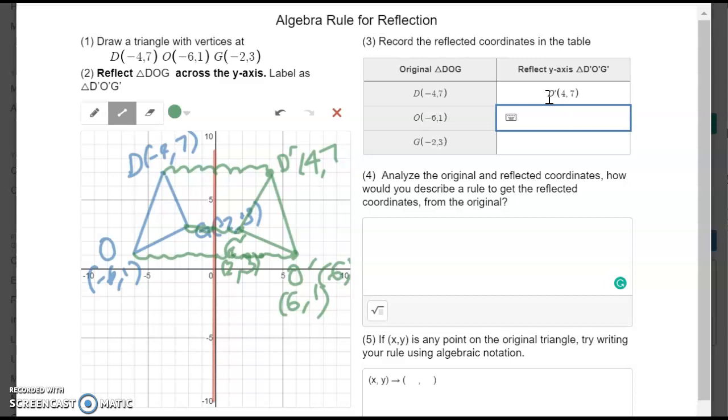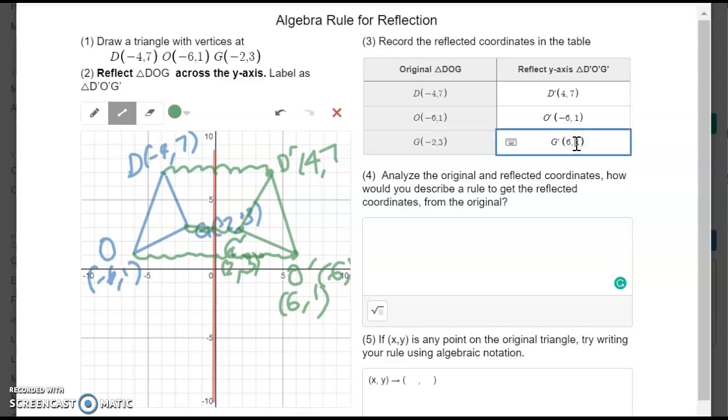And O prime has the coordinate of -6, 1, and then finally G prime at the coordinate of 6, 1. Okay. Oh no, I'm sorry, that's 2, 3.